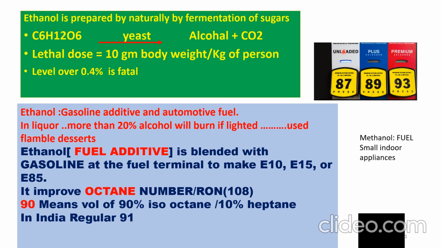Regular unleaded petrol dispensed at fuel stations has an 87 octane rating. If you see the plus, this means it is a 89 octane rating, and premium is 93. So this type of fuel rating you can see at the fuel stations.